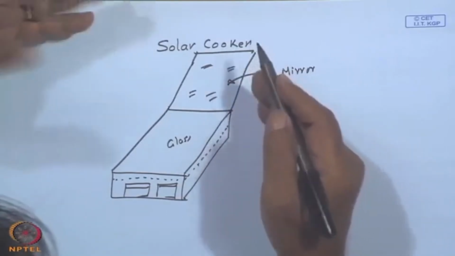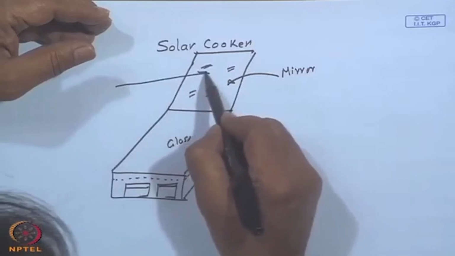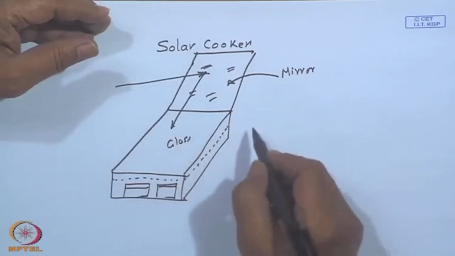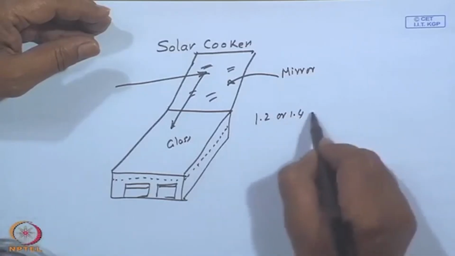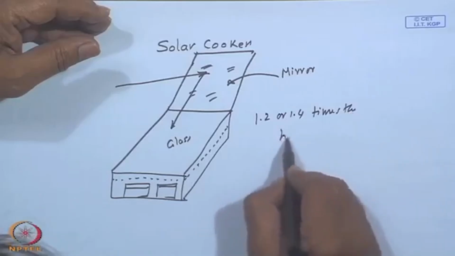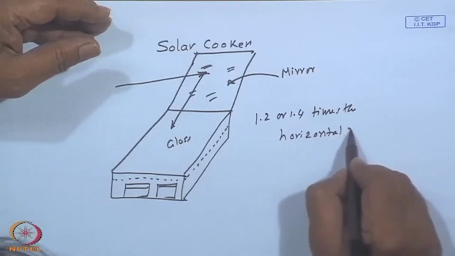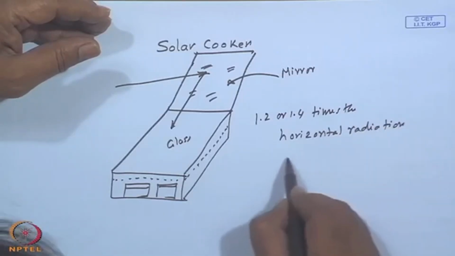the reflected radiation from the sun will fall onto this. So, there may be a factor of 1.2 or 1.4 times the horizontal radiation, because of the booster.